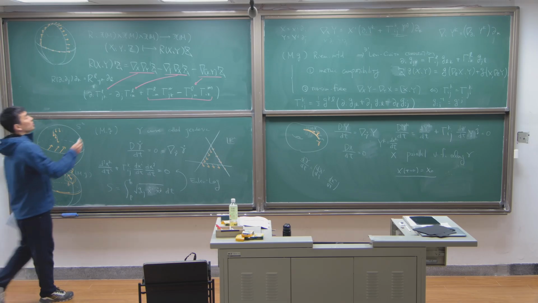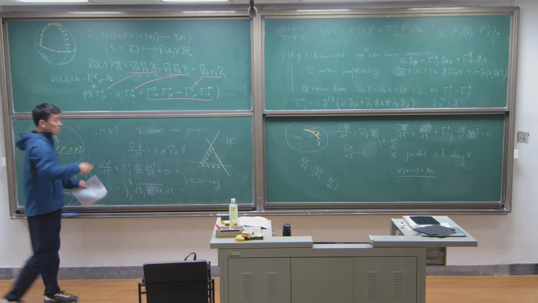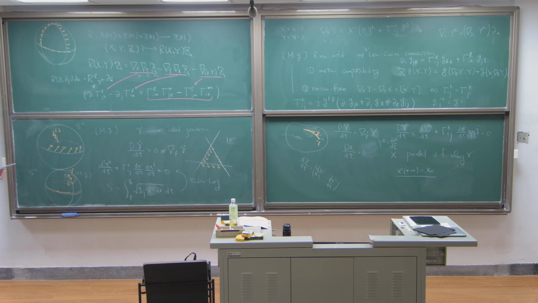So you just set x, y, and z like this, and use the ordinary way of writing the Christoffel symbol covariant derivative. You will get this expression.